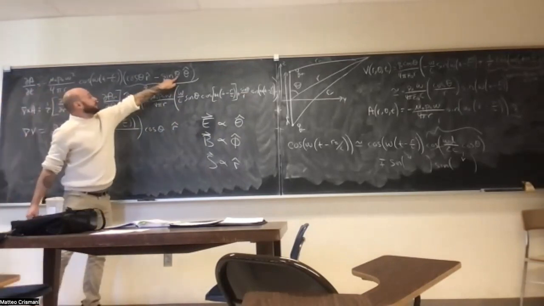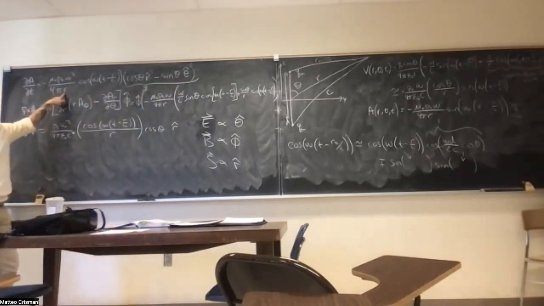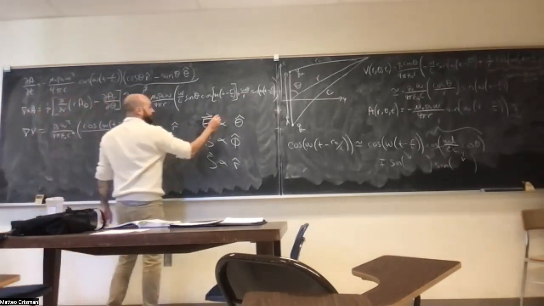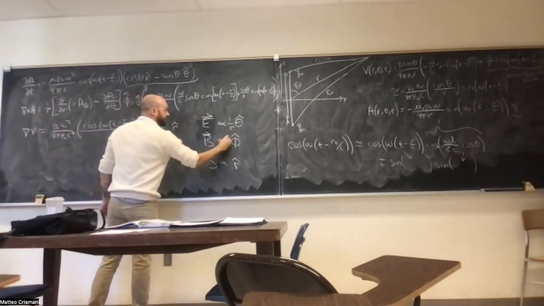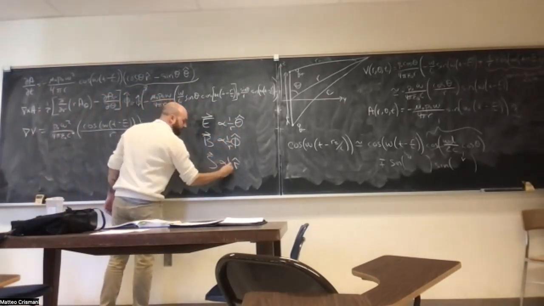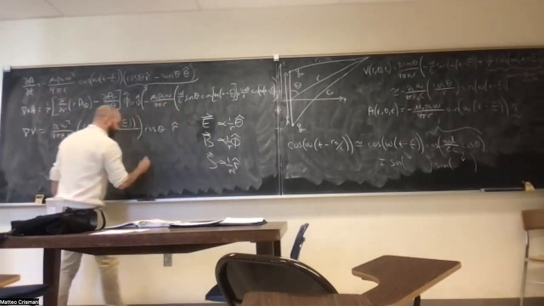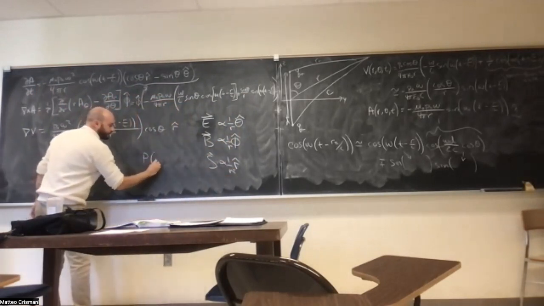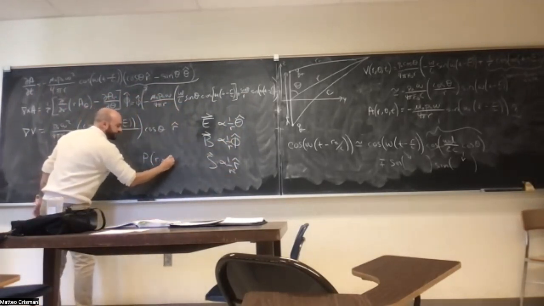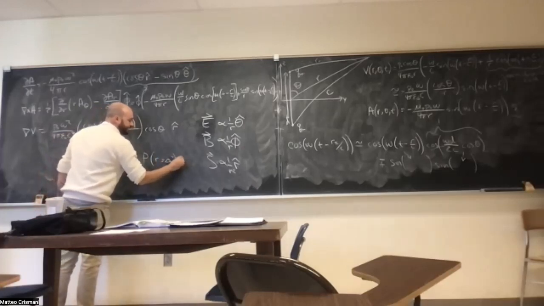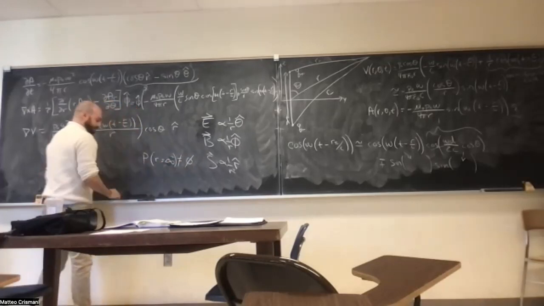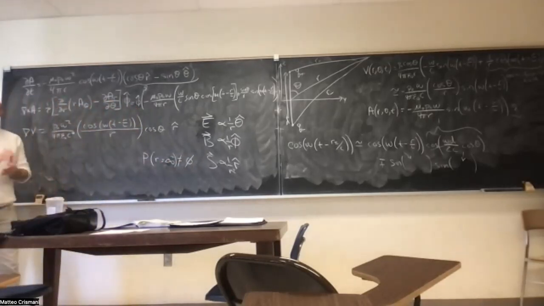But this thing here, sine, just has a 1 over R. So I get a 1 over R here from the E, and I get a 1 over R here from the B, and this goes like 1 over R squared. So with R going to infinity, it is not 0. So we get radiation.